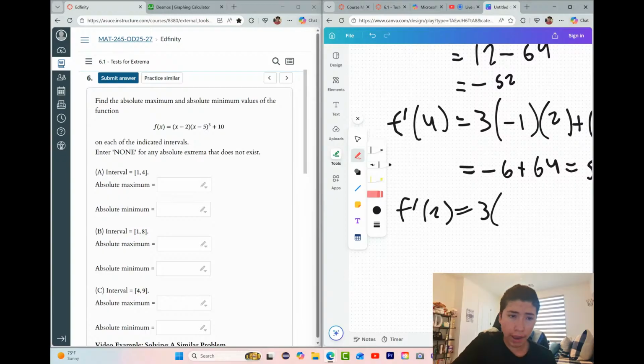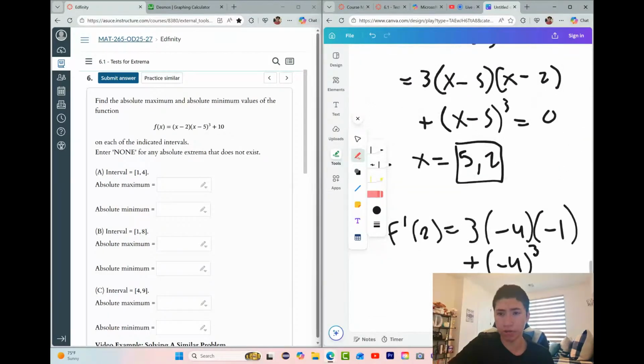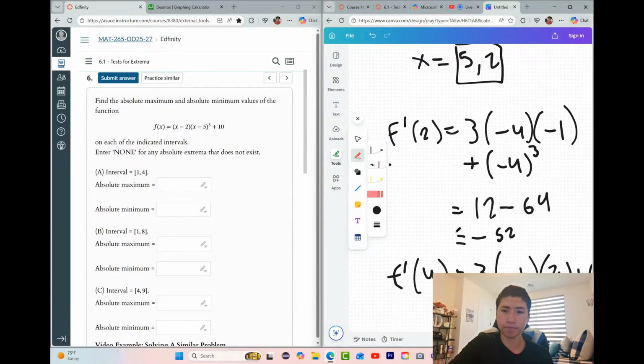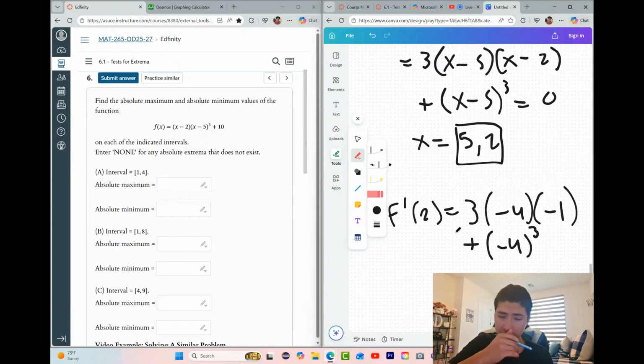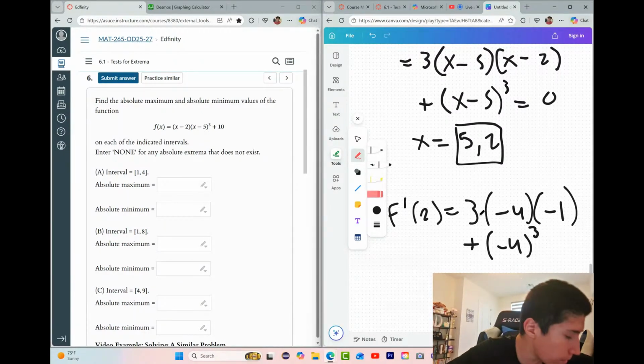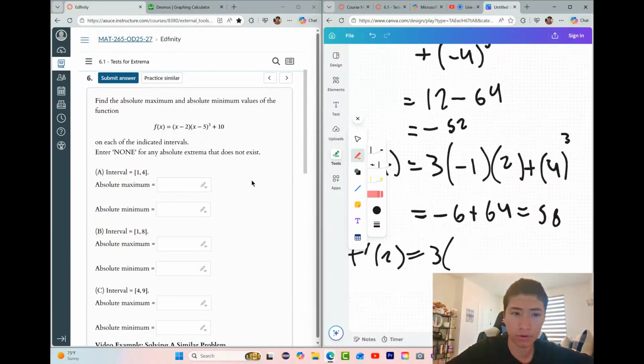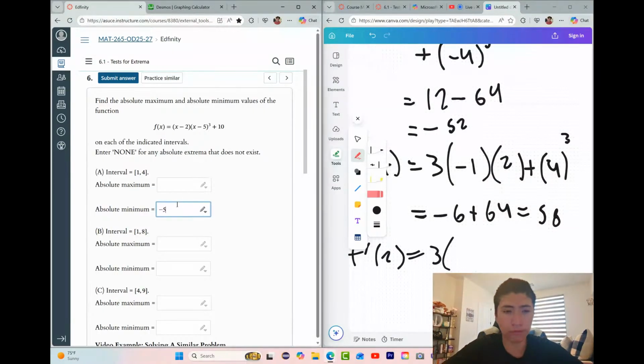So 2x, that's equal to 0, I think. Oh, no, it's not. That's equal to negative 3. Negative 3 cubed, that's negative 27. It's fine. It's not an extrema. So our absolute minimum is going to be negative 52. Then here we're going to get 58, I think.